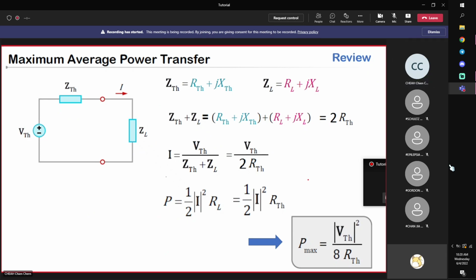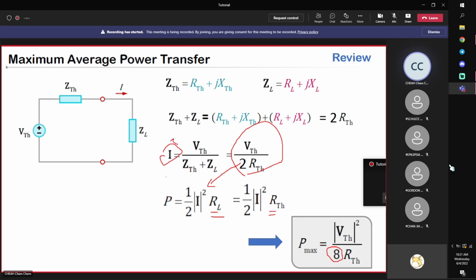Next, if I would like to calculate the maximum power consumed by the load, since I know the current already, I'll just use I squared RL. You put this I squared in, and RL is equal to RTH. Then you can check that the maximum power transfer is VTH squared divided by 8 RTH. So where does this 8 come from? Remember, here you have a half.